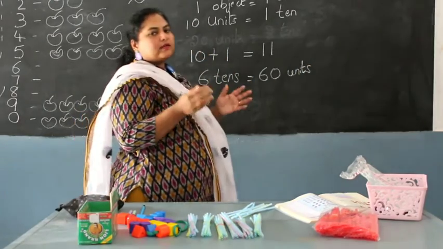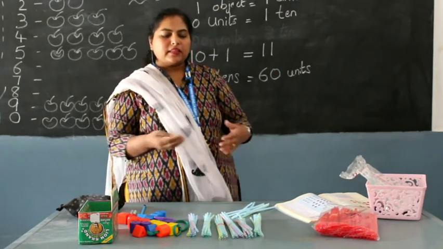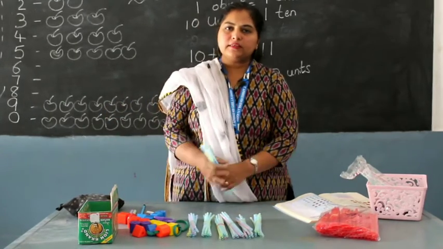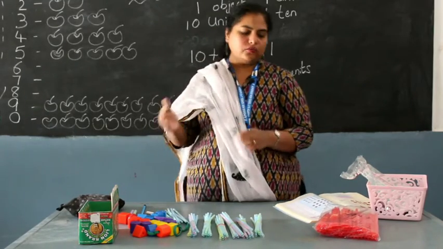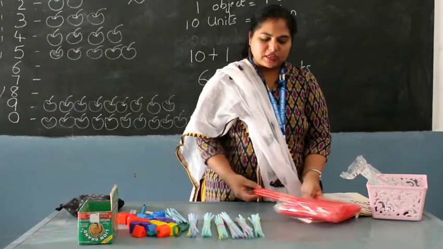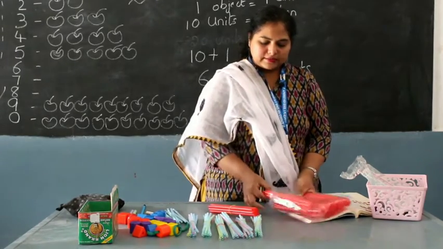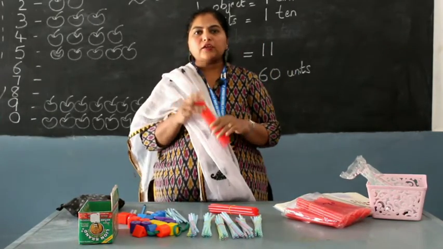So grouping the objects in tens makes your counting easier than counting too many objects one by one. It takes a long time counting one by one. So I have a few more straws here which I have grouped into tens. So you can also do this, count the objects and group them into 10.